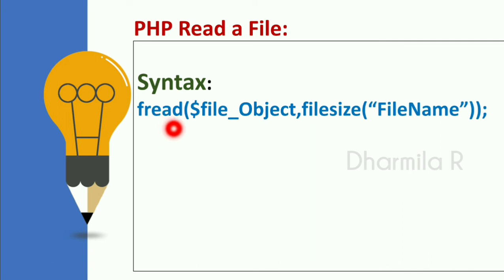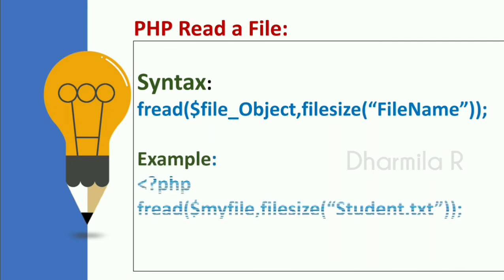The fread function has two parameters. One is the file object. The file object holds the fopen function, as we have seen in the previous slide. And the next parameter is the file size. So you have to mention the file name. So let's see an example. PHP open tag, then comes the fread function. You have to mention the file object.